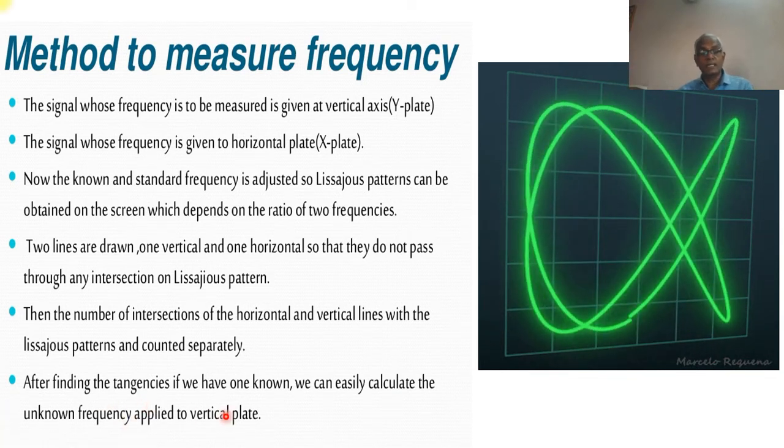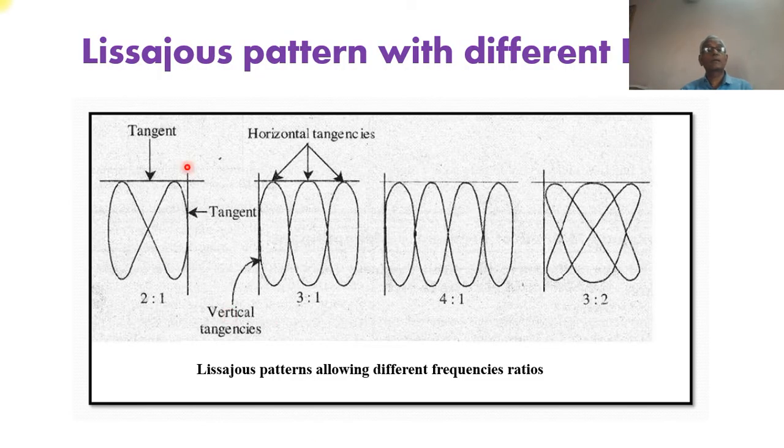After finding the tangencies, we can see over here Lissajous figures with different ratios. Here the Lissajous pattern allows different frequency ratios. Suppose we have taken 2:1.